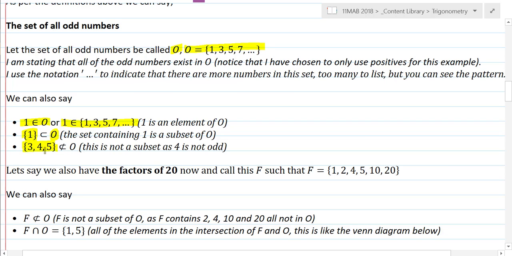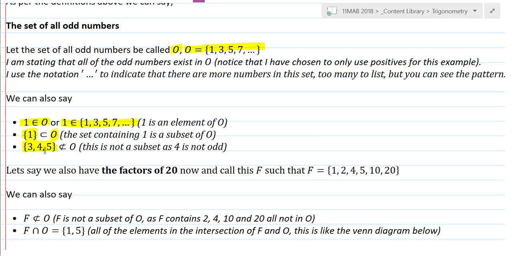And obviously the set containing 3, 4, 5 is not a subset of O. 3 and 5 are in O, but 4 is not. So 3, 4, 5 is not a subset of O. So it's almost a logical thing as well. If you can get the notation right, the logic's pretty simple.